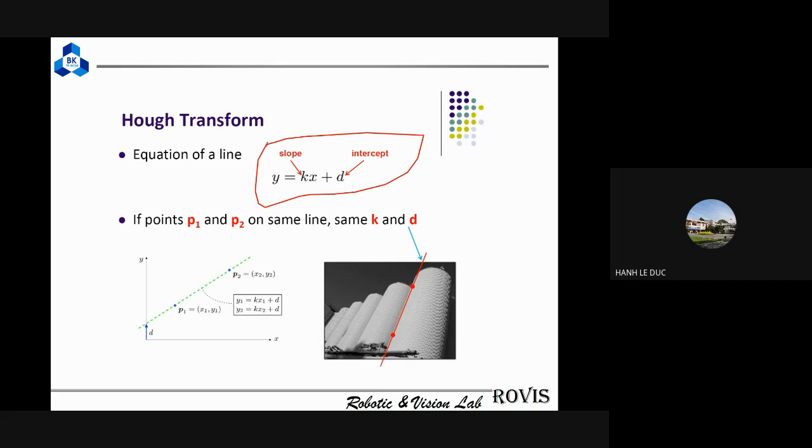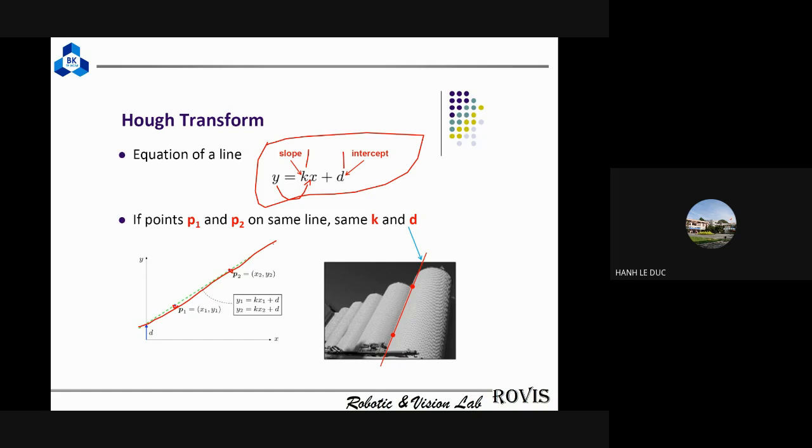So if we have 2 points, P1 and P2, we will calculate the K and D, so we will have the equation of the line. Very easy, right?